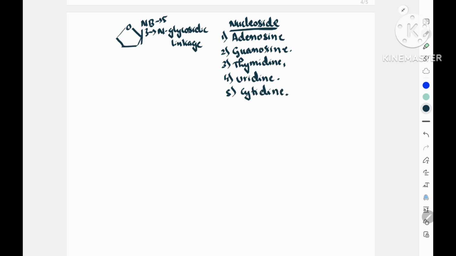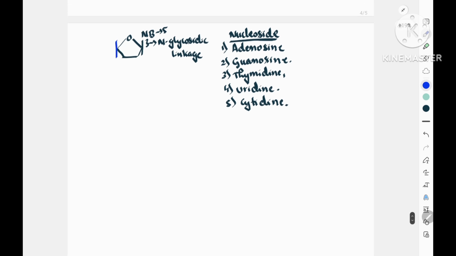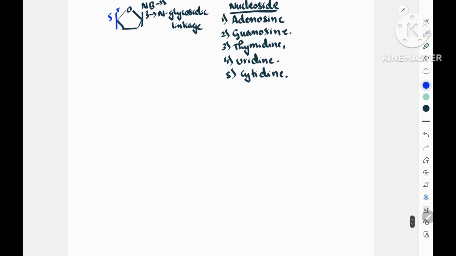Now, to form a nucleotide, if there is an attachment of a phosphate group at the 5th carbon of this nucleoside, always the phosphate group is attached to the 5th carbon by the formation of an ester bond. Here the ester bond is formed, and now this is called a nucleotide. The phosphate group is only of one type, but the nitrogenous bases attached to it will be of different types. Hence, there is a possibility of formation of 5 different types of nucleotides.